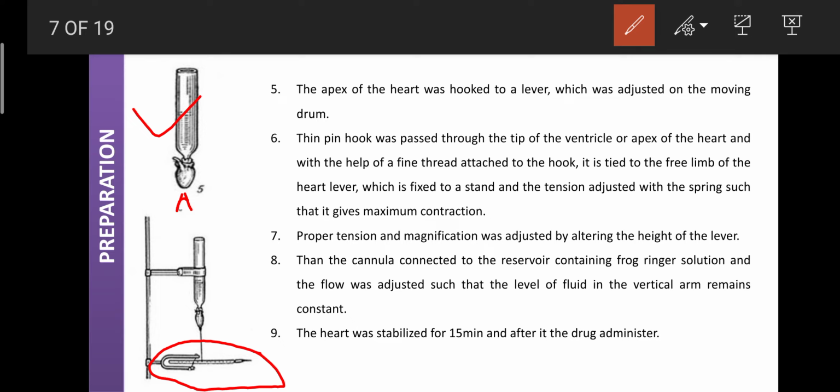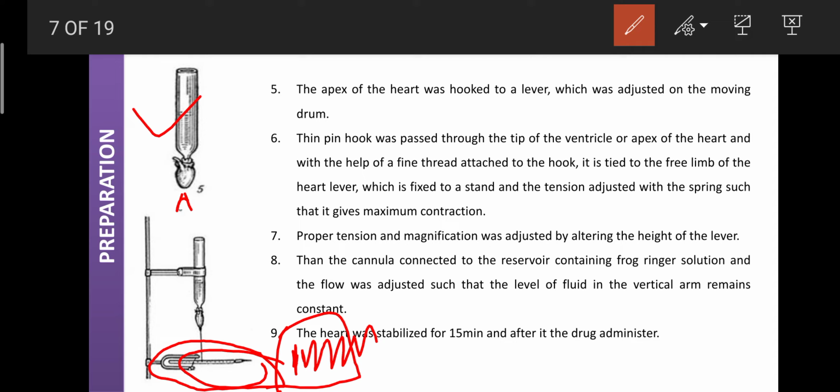That pin is helpful because when the heart beats, it creates movements on the lever, so the lever moves up and down, and in front of the lever the smoking drum is present. Whatever response occurs is recorded on the drum. Like that the heart can be isolated before starting the experiment.